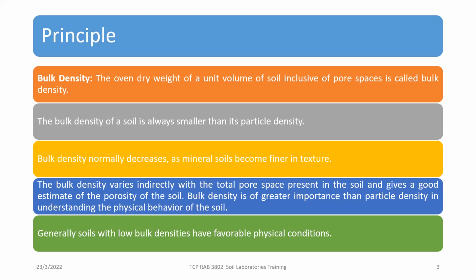From an agriculture point of view, bulk density is of greater importance than particle density in understanding the physical behavior of the soil. And normally when we talk about physical behaviors, that is the compaction, the movement of water, and also the availability of air. So all these factors, all these parameters, are directly influenced by the bulk density.